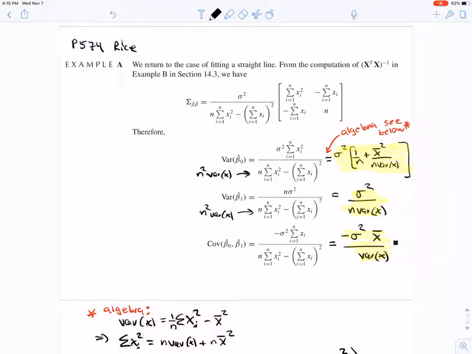I think everything here is pretty clear. The variance of beta 0 hat is the 1, 1 term of the matrix, and using some algebra, which I explained below, you can put this in another form that will be useful to us, and that's highlighted in yellow.